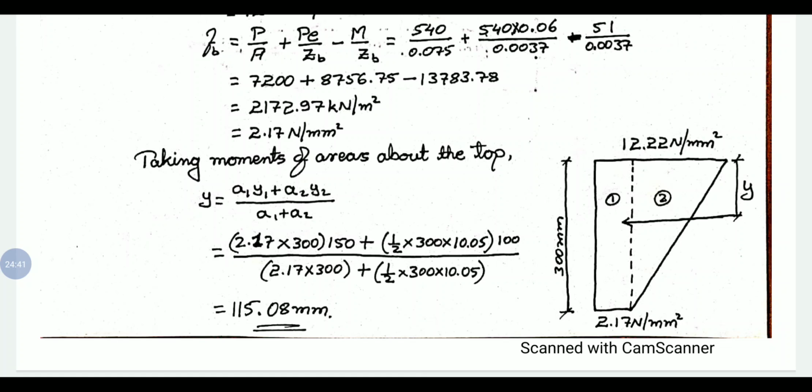At bottom we have 2.17 Newton per mm square, and at top we have 12.22 Newton per mm square. So this is a trapezoid. We need to split this section into a rectangle and a triangle. Same, we need to find the centroid by calculating the centroidal distance. We will get 115.08 mm. Remember, this is with respect to the top.